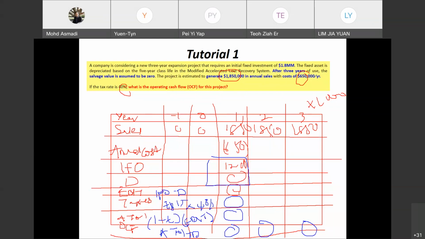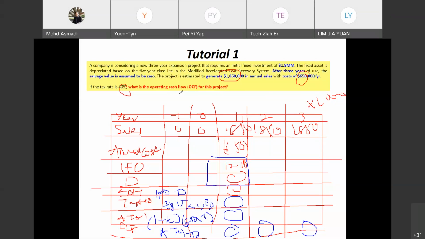Eight, five, eight, two. This one is which year? First year. Okay. And you can do for the next year, okay? So please calculate.